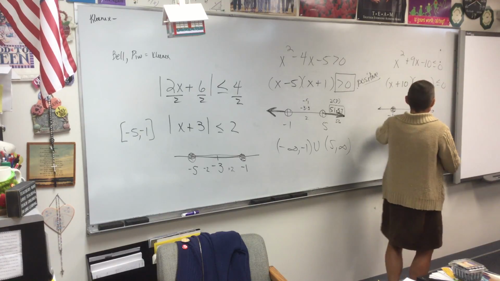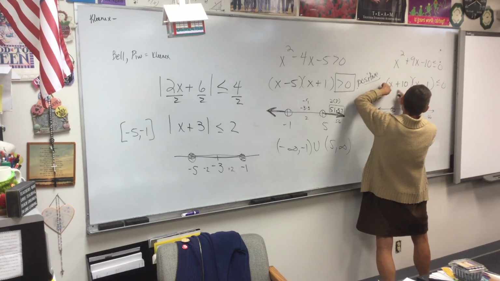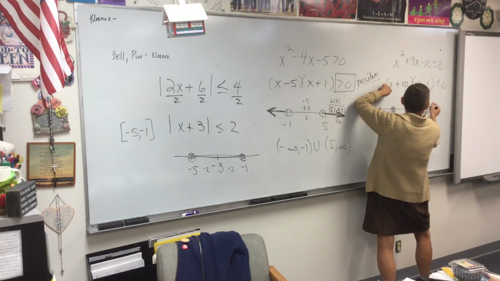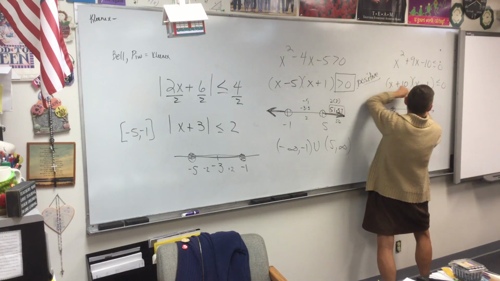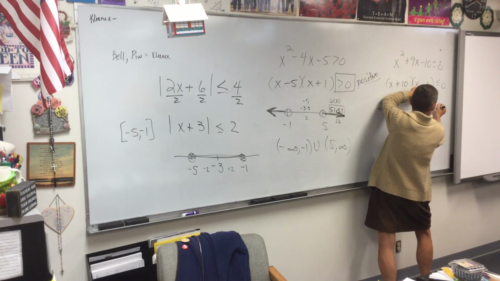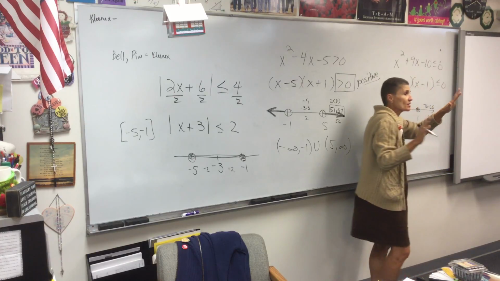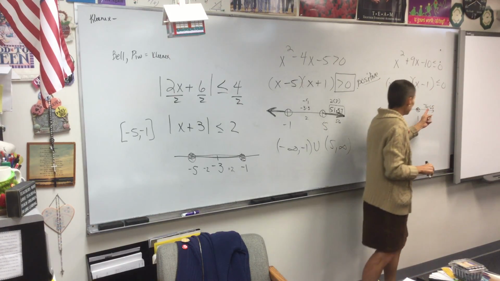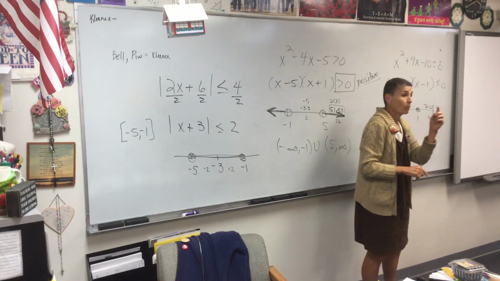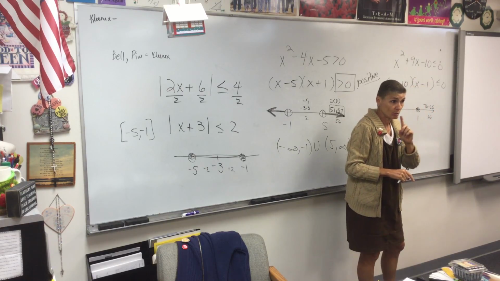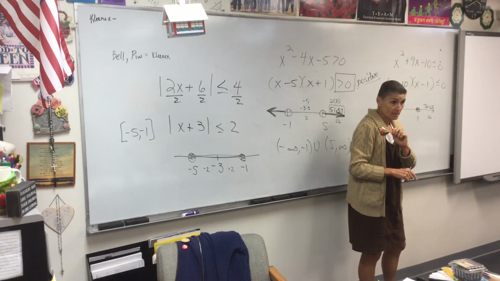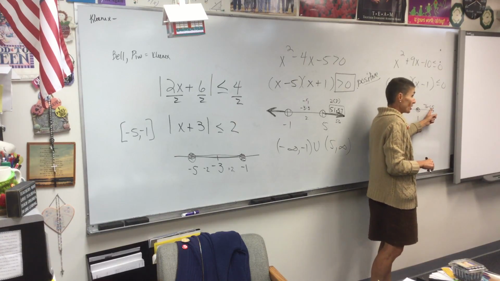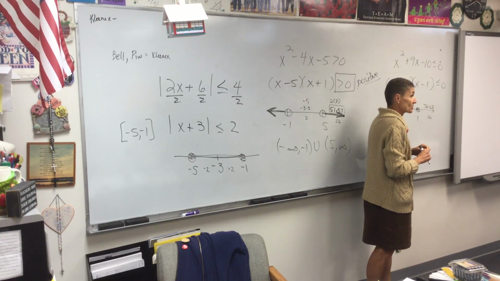I'll use 66. If I put 66 in, that gives me a 76 times a 65. Now that is a huge number. I don't even care what it is. When I multiply those together, however, it will be positive. Will you agree with me?